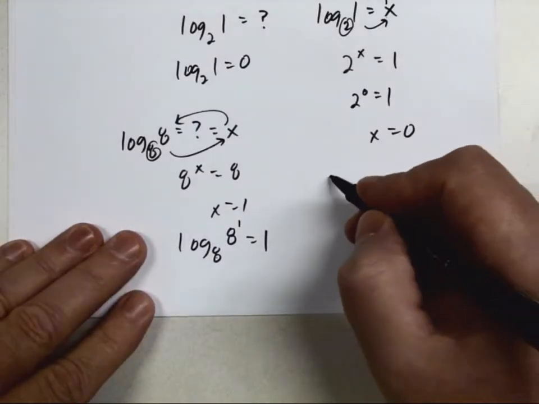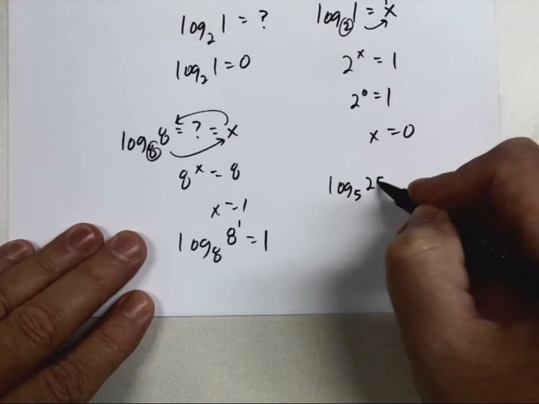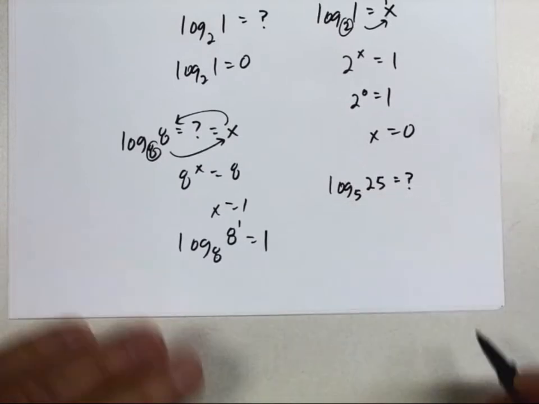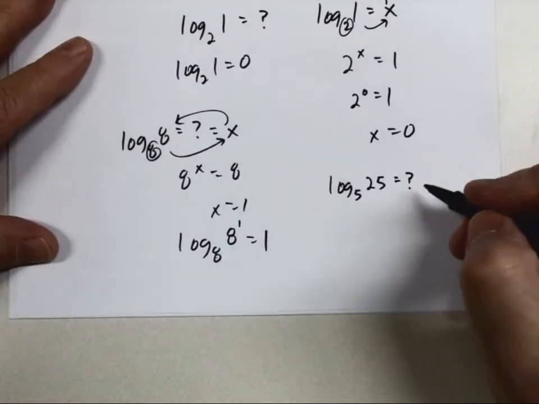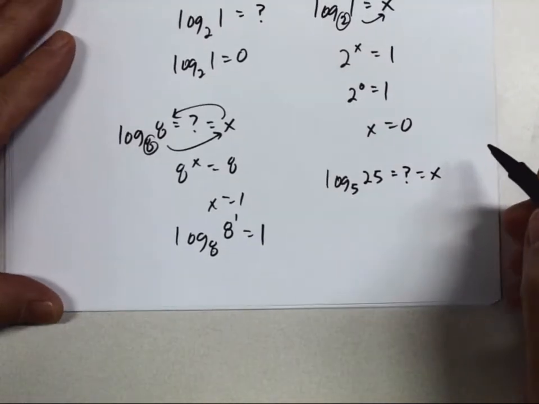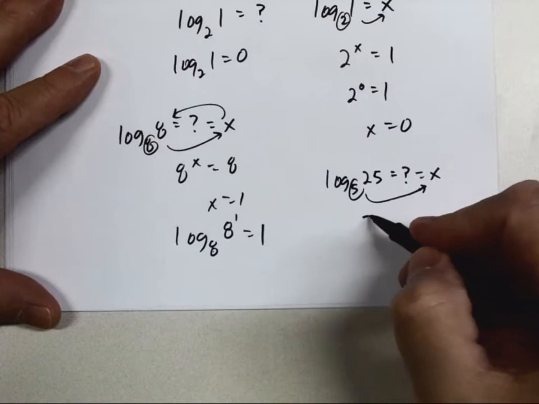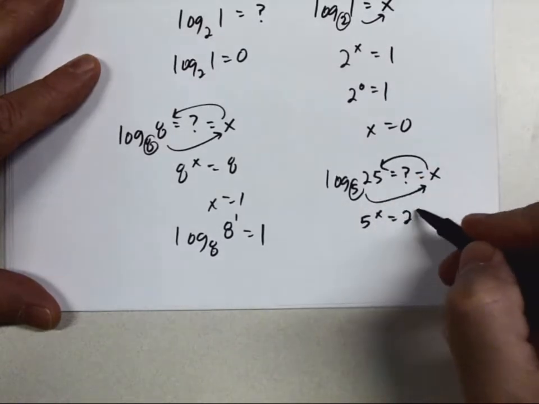Let's do a few more. Log base 5 of 25. What does that equal? Call this x. Let's convert this into an exponential equation. 5 to the x equals 25.